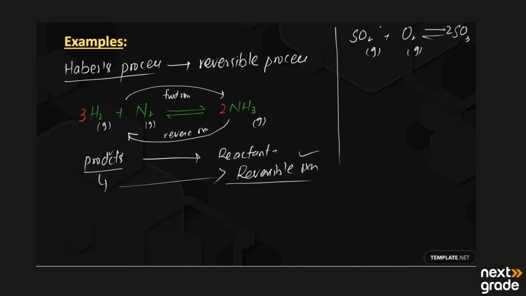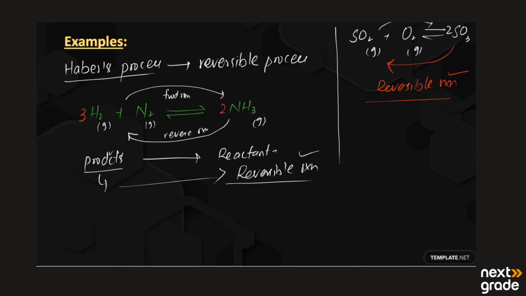Sulfur dioxide can change into sulfur trioxide, and sulfur trioxide can decompose into sulfur dioxide and oxygen as well. So this is also a reversible reaction, or we can say a reversible process.